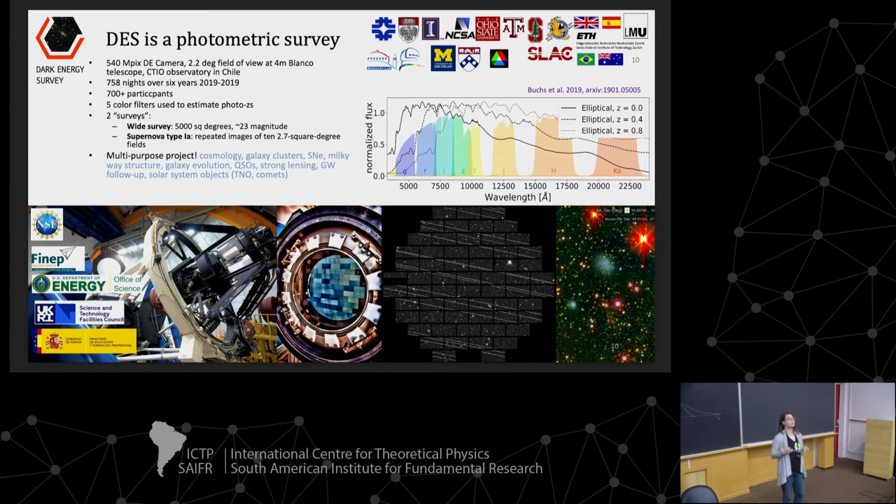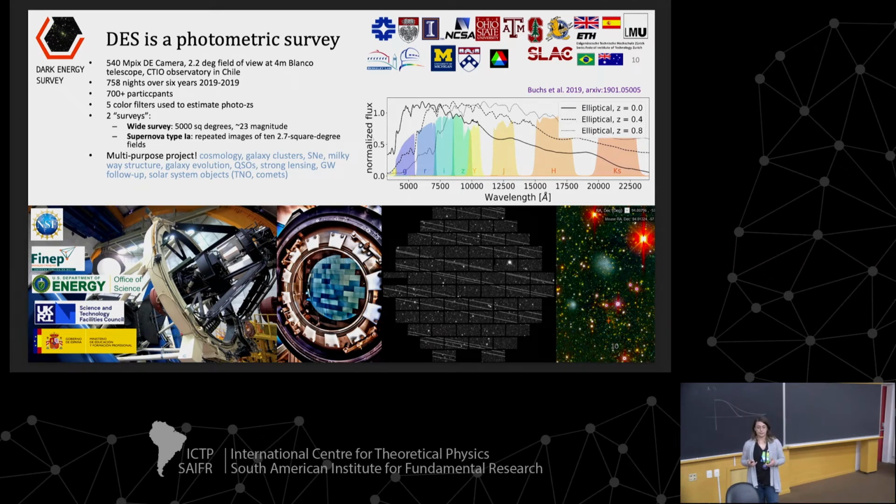We look at how those spectra show up in different color filters, which DES has: g, r, i, z, Y. And so we have to infer redshifts from that, so we generally have pretty uncertain redshift measurements. Rather than making three-dimensional measurements, we split the galaxies into redshift bins, so tomographic bins, and make measurements based on that to get some three-dimensional information about the evolution over time in the universe.